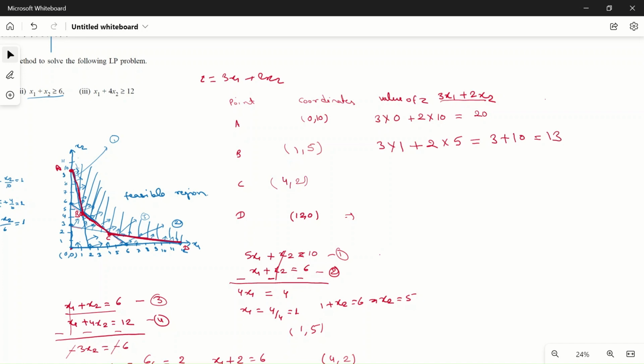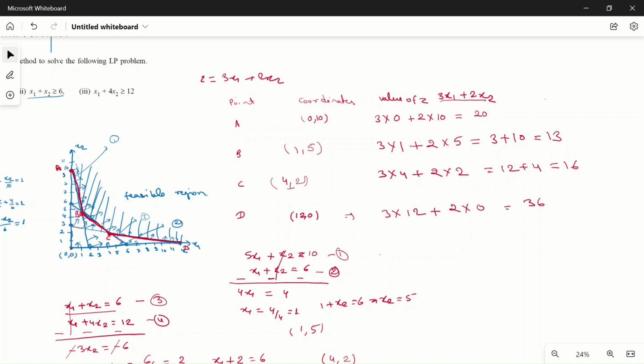Now at point C, the value of z is 3 into x1, which is 4, plus 2 into 2, which is equal to 12 plus 4, which is 16. At point D, the value of z is 3 into x1, which is 12, plus 2 into x2, which is 0, which is equal to 36.